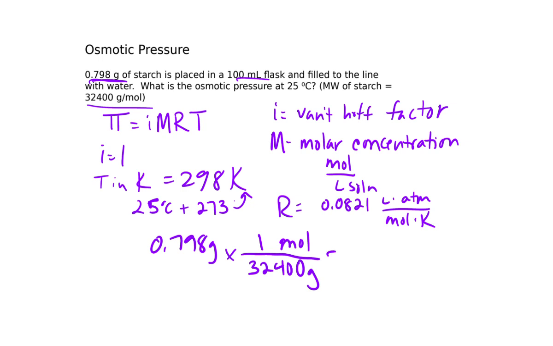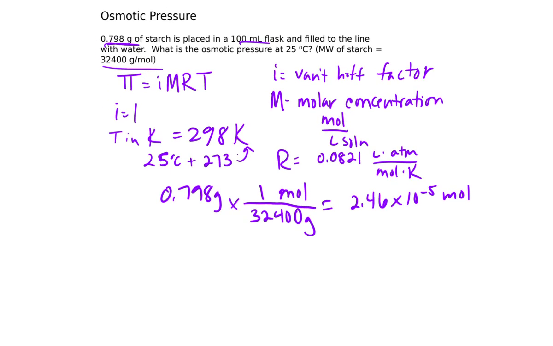Okay. And we get a small number here, 2.46 times 10 to the minus 5. Okay, so now we have moles. We need to find moles per liter. So we'll do 2.46 times 10 to the minus 5 moles over the total volume, which is 100 milliliters, so 0.1 liters.